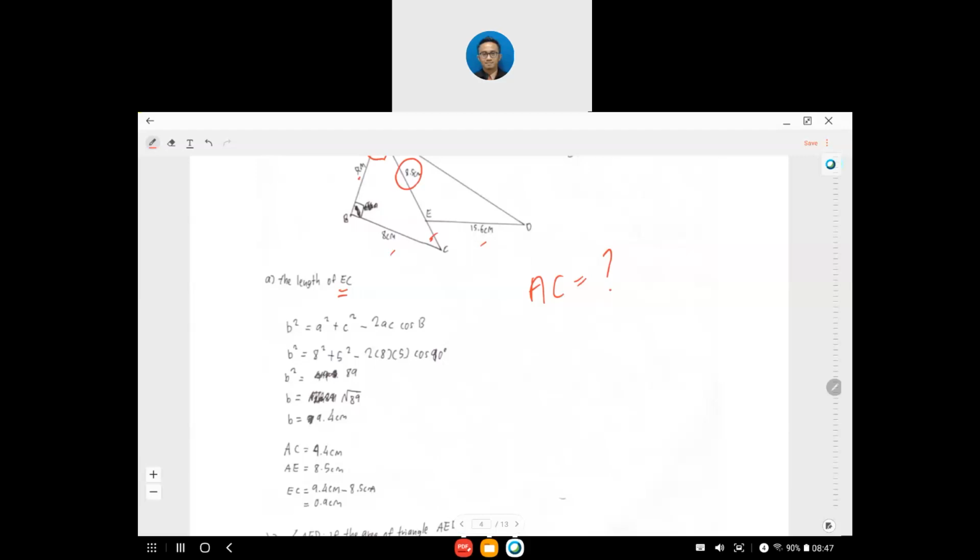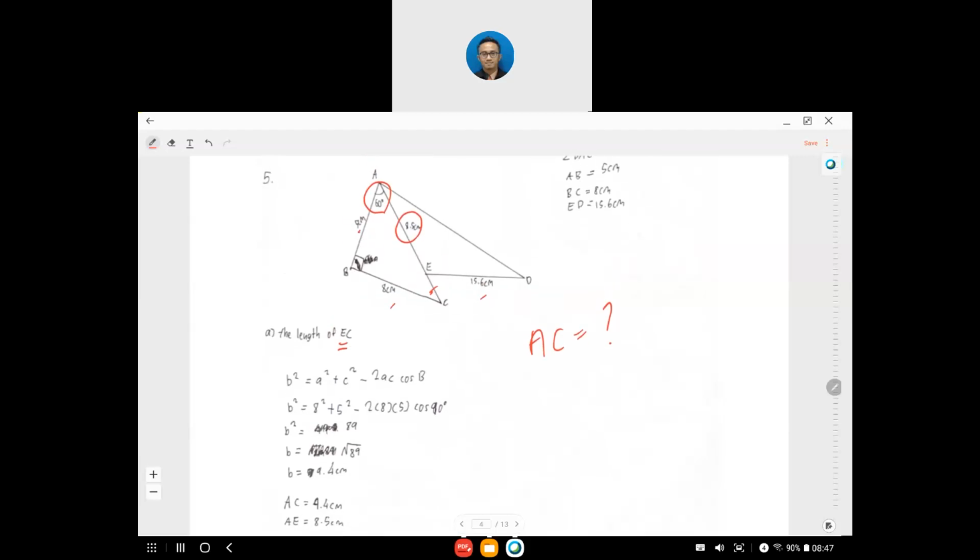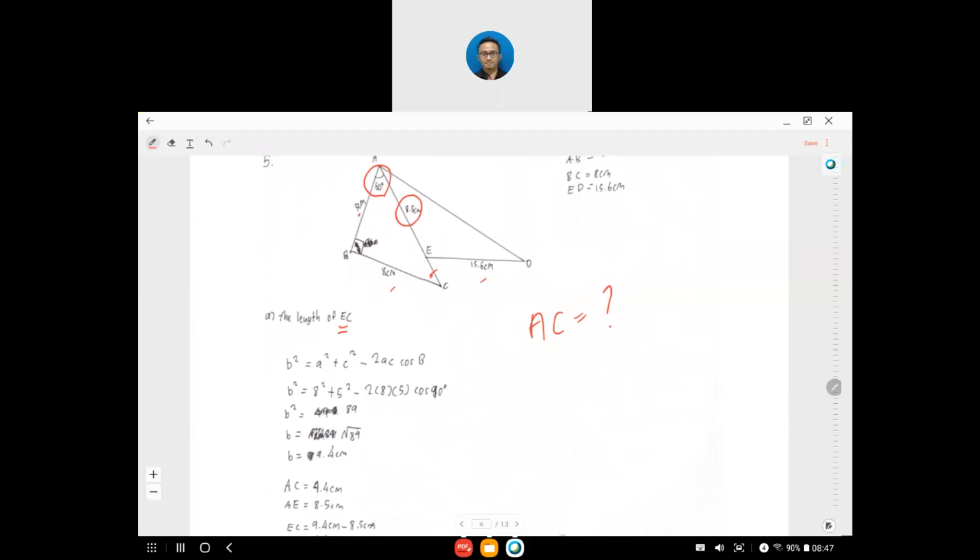Your friend used this one, B square. Where is B? I don't know where B is. Okay, B is this one. He wrote B equal to A square plus C square minus 2AC cos B. Where did you get this one from?